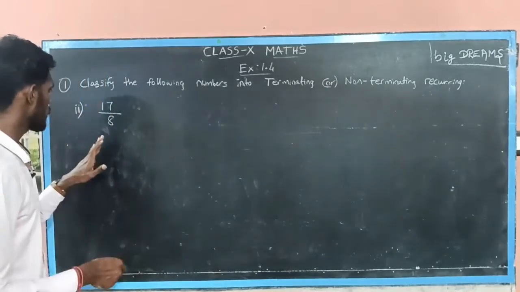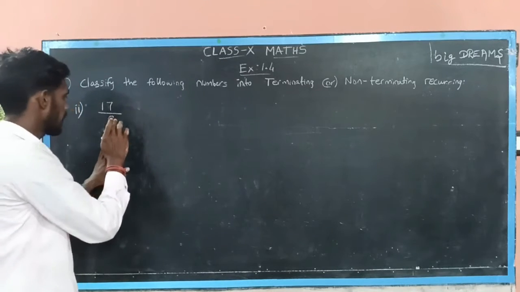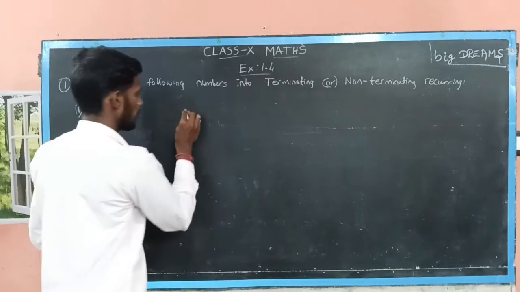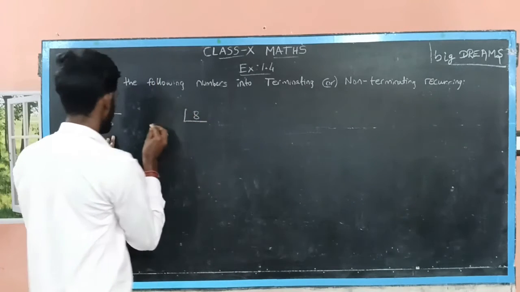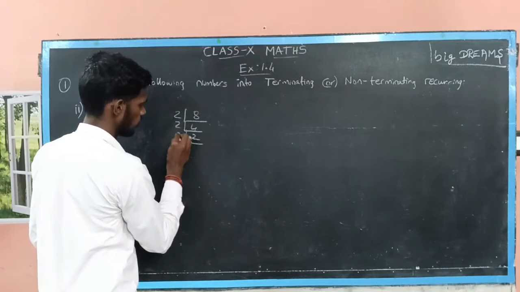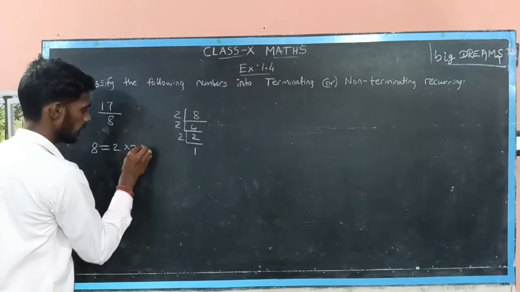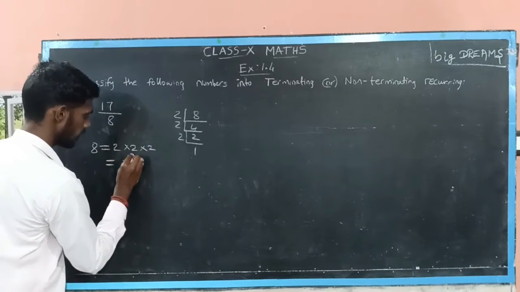Next, the second subdivision, 17 by 8. Here 17 is a prime number, but 8 is a composite number, so I pick the denominator and prime factorize it. 8 divided by 2 is 4, then 2, then 1, so 8 can be written as 2 into 2 into 2, which means 2 power 3.